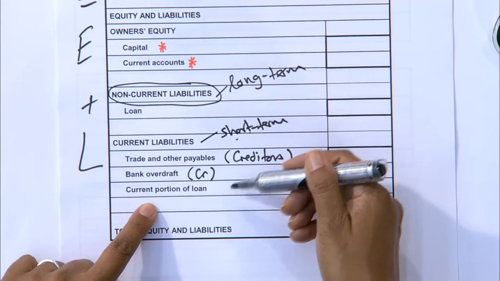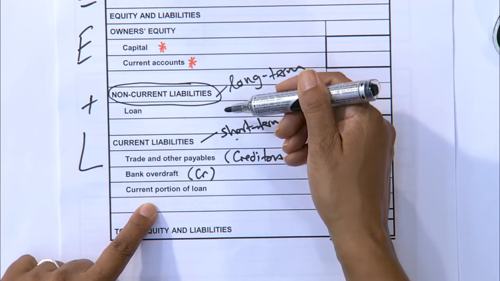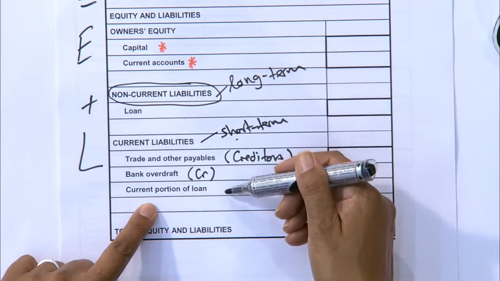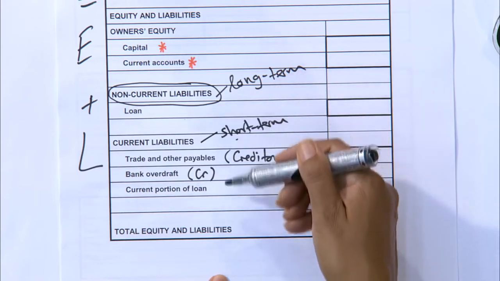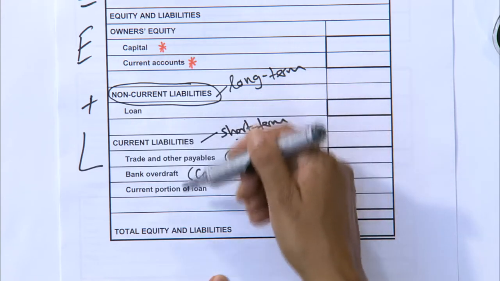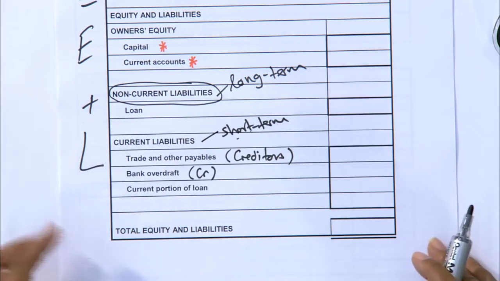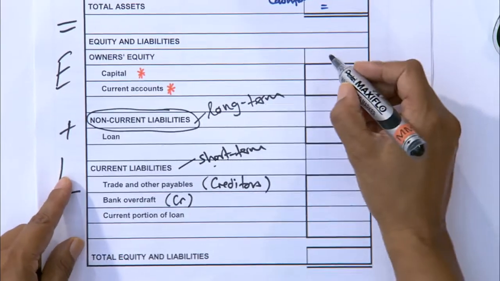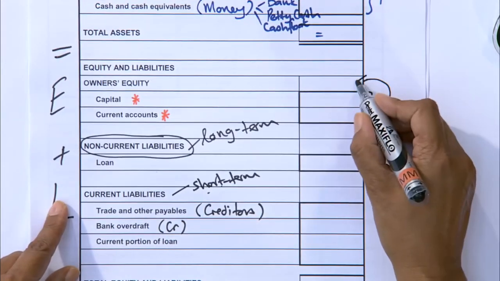Then what I do in this situation, I put 40,000 there because 40,000 is still owed over the long term, and I put 10,000 here. I still owe 50,000 on my loan, but 40 plus 10 gives me 50. It's just I am moving it to a current portion to show that I owe this money in the short term. At the end of it, I'm going to add this together, okay, and put the total there.